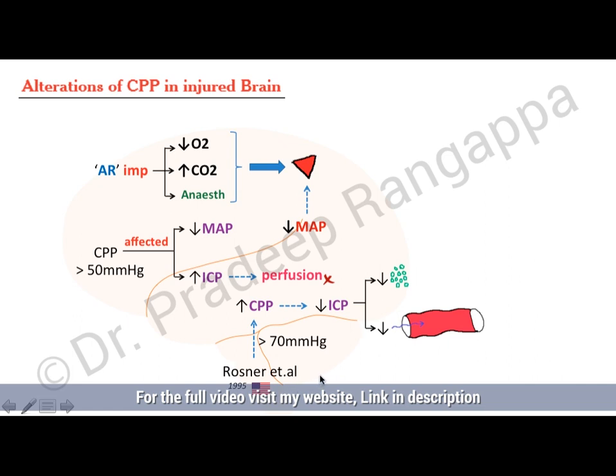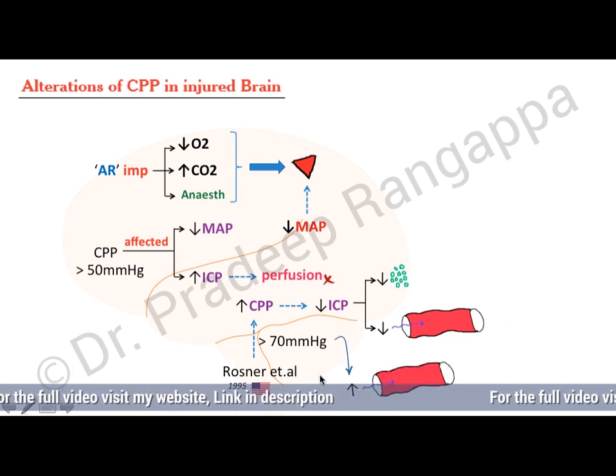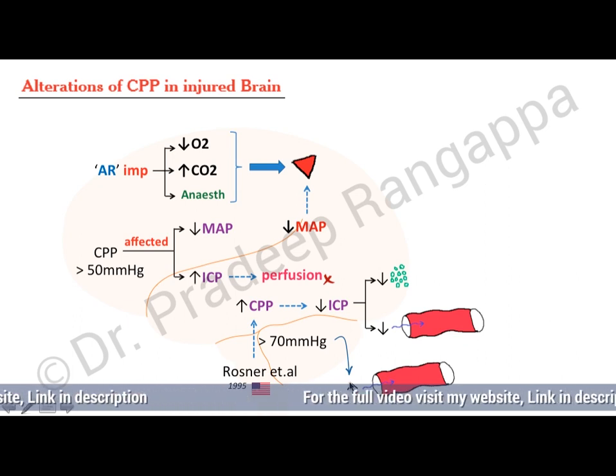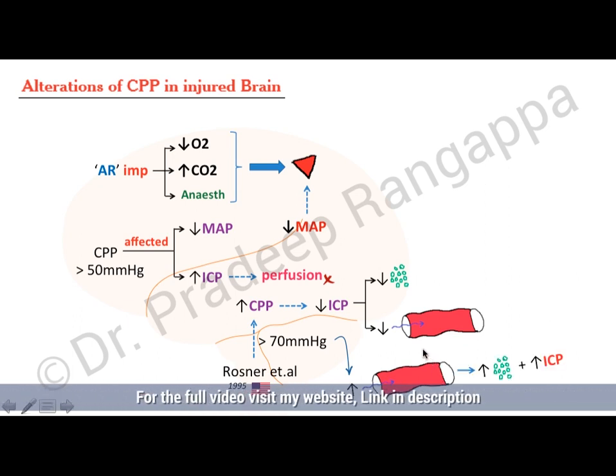Rosner et al. have shown that CPP more than 70 can lead to an increase in the cerebral blood flow. This was one of the studies which said that above 70 your cerebral blood flow is much better. The increase in cerebral blood flow can cause hyperemia, and that hyperemia can increase vasogenic edema and increase the ICP.